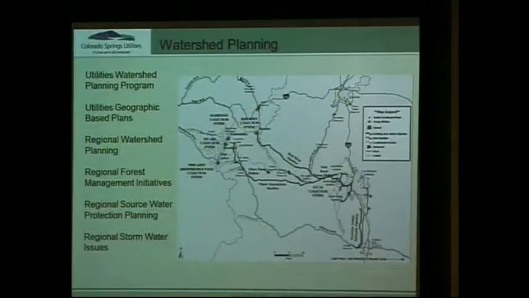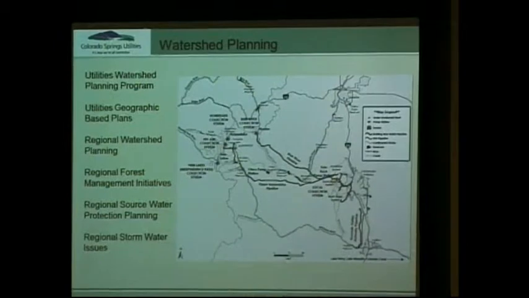So this is just really an introduction into the regional nature of utilities water supply system. We touch 11 counties, and all of these have watersheds that feed into our system. And so we have to do a lot of regional collaboration. We do a lot of work with forest management, regional management issues, wildfire, and fuels reduction across different landscapes.